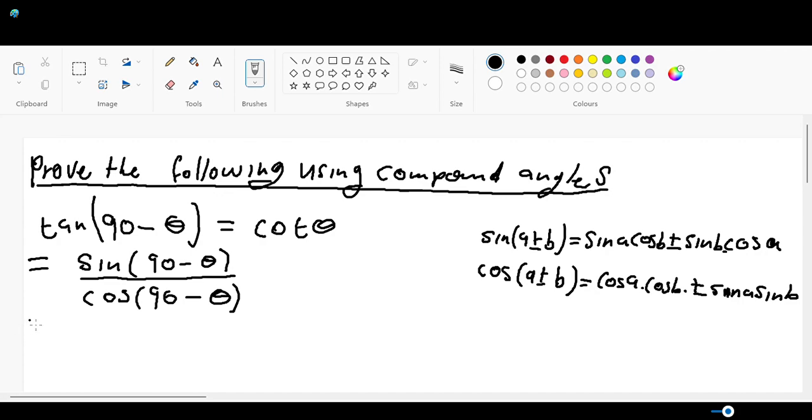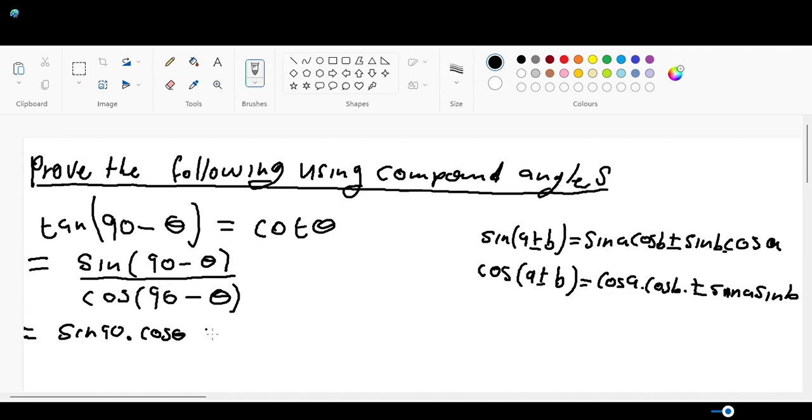So let me put an equal sign here. Alright, for sine, remember on the numerator we have sine of 90 minus theta. So you know that this 90 is A and theta is B. Now for sine, on your right hand side, the formula is supposed to be sine A, in this case sine 90, multiplied by cos theta.